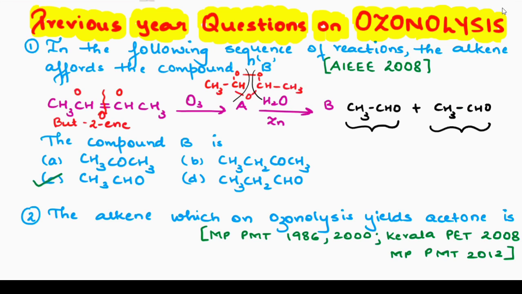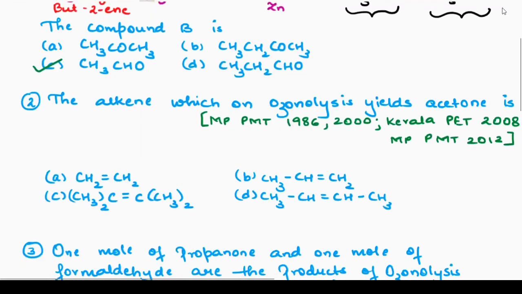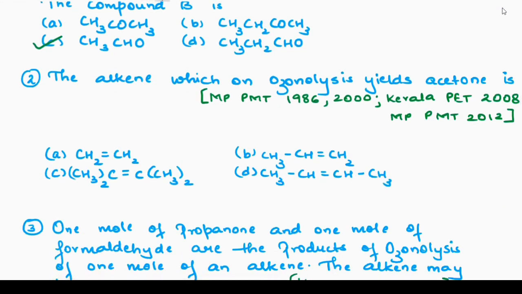Let us proceed with the next question. The alkene which on ozonolysis yields acetone. In the options we have been given the reactant part. So first we will write down the acetone structure. This is the structure for acetone, CH3, C double bond O, CH3.